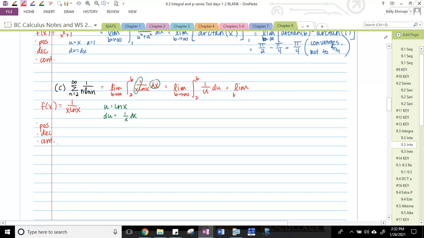That's the limit as b approaches infinity of the natural log of u, but I'm not going to write natural log of u. I'm going to write natural log of x evaluated from 2 to b. So the limit as b approaches infinity of natural log of b minus natural log of 2.